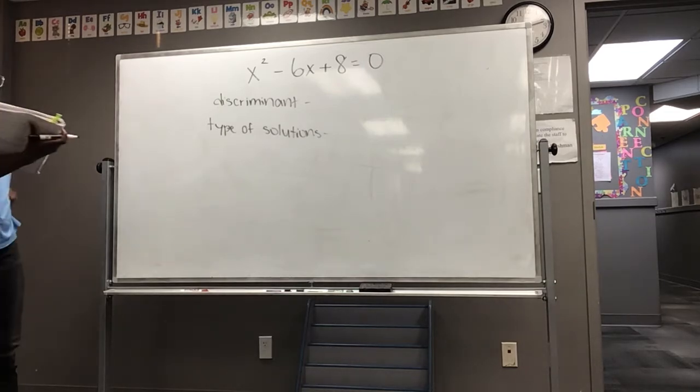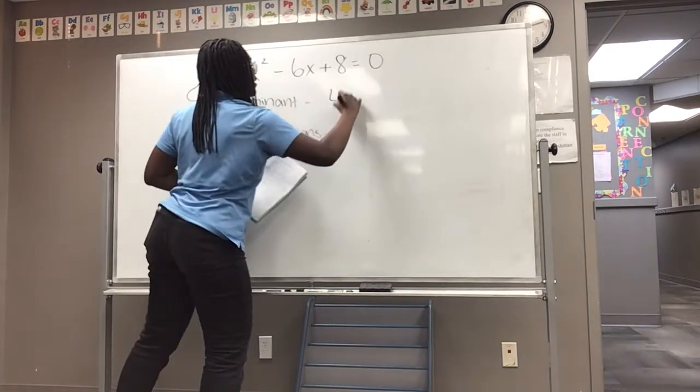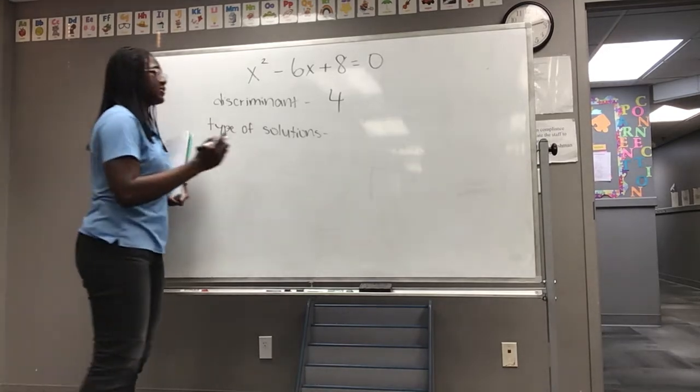Okay, did you guys get a discriminant? Positive 4. And so that means we have 2 real solutions.